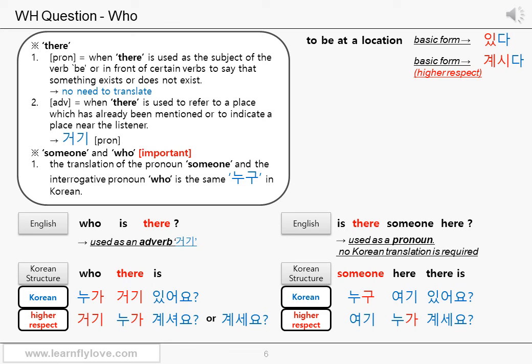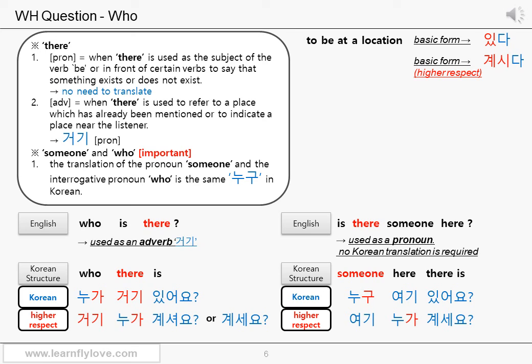So who, 누구, here, 여기, there is, 있어요, 누구 여기 있어요? Or 누가 여기 있어요? 누구 여기에 있어요? With the particle 에. Or 누가 with the particle 가. 누가 여기에 있어요? They are all fine.